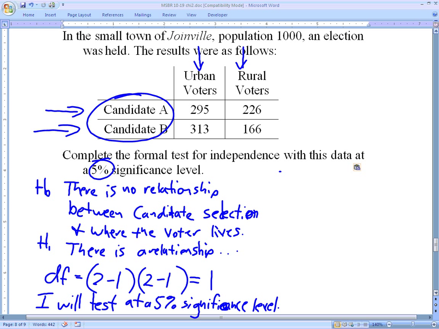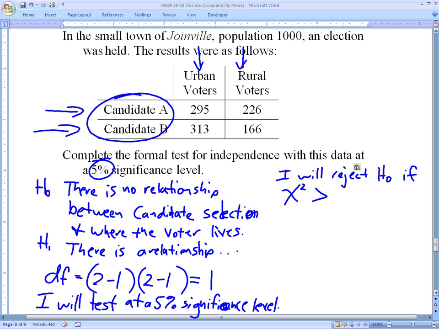Step 4, we write down our rejection inequality. Say, I will reject my null hypothesis if my chi-squared value is greater than my critical value.